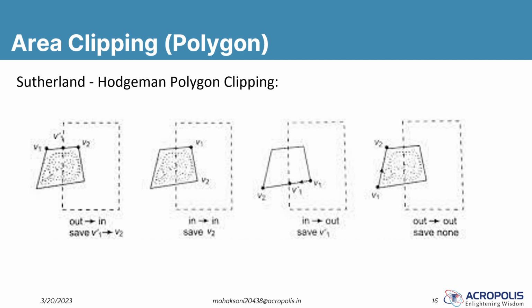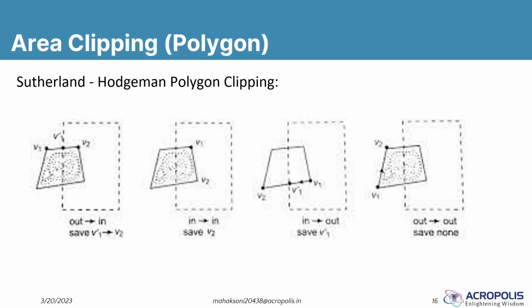Firstly, if our point lies from outside to inside, then we need to consider only the intersection point of v1 and v2 along the window edge. So we have considered v1 dash to v2. From outside to inside, we will save points v1 dash and v2.